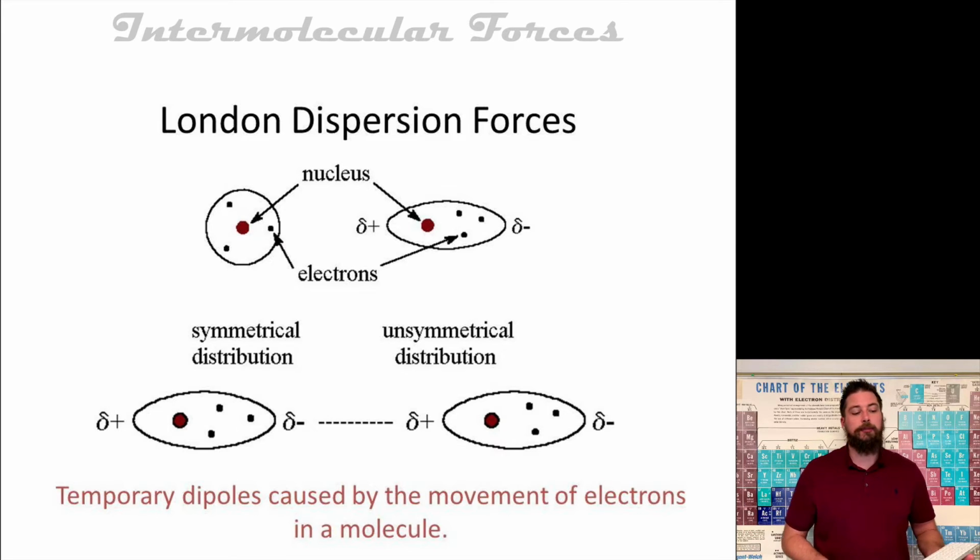The partial positive of one atom is going to be attracted to the partial negative of another. Now this is temporary, but typically when the electrons move back to normal distribution in one atom, it'll also occur in the other atom as well. They do move around in unison with each other.